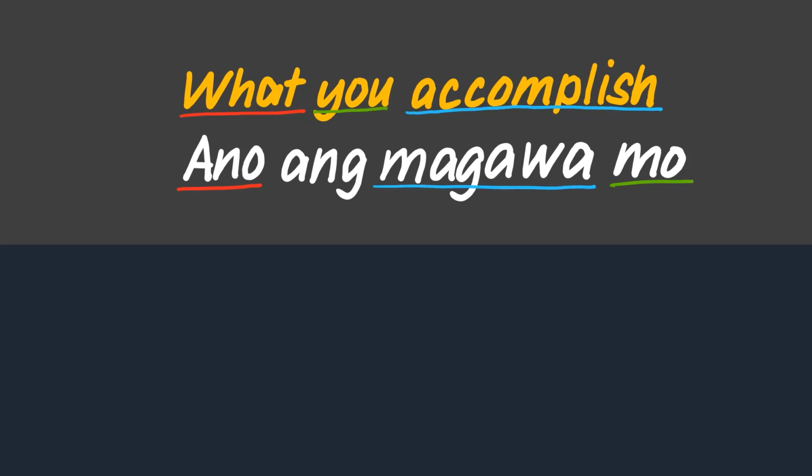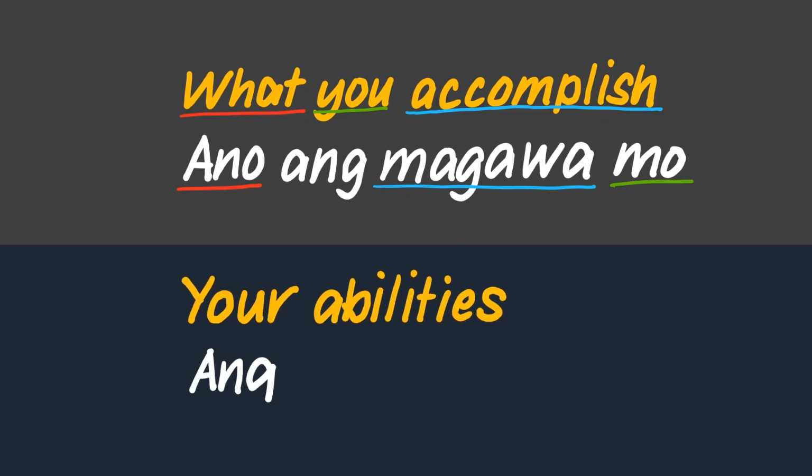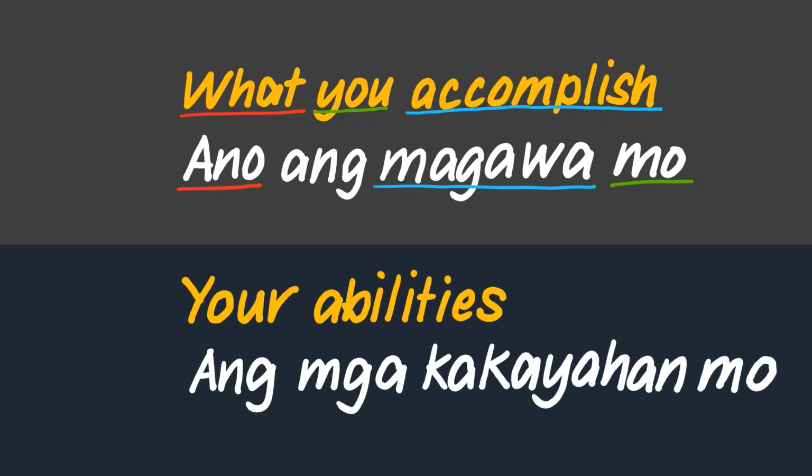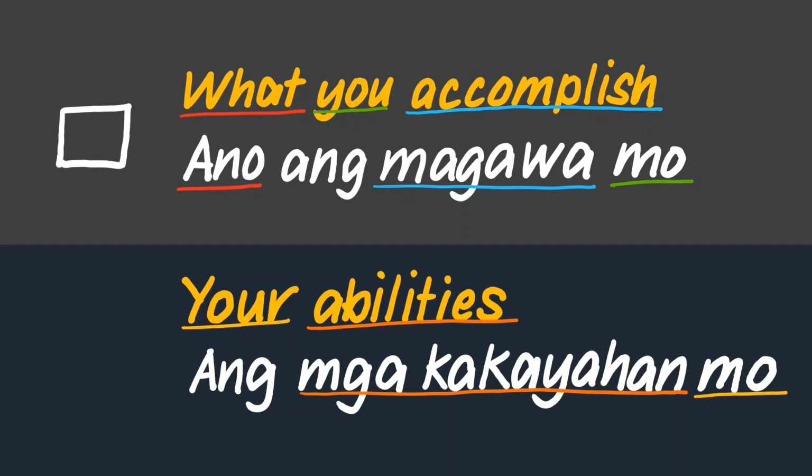Accomplish, magawa. And also, it is about your abilities, ang mga kakayahan mo. Your, mo. Abilities, mga kakayahan. So, this will be the focus of our lesson, and we will start with what you accomplish. Ano ang magawa mo?